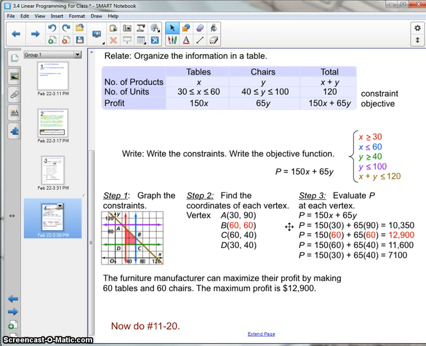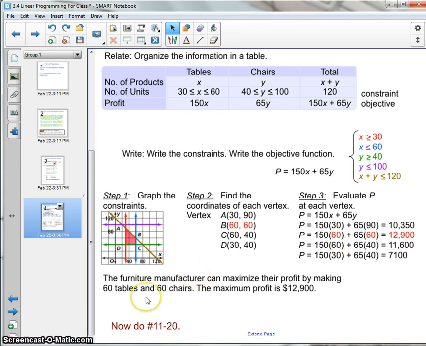So we plug in (30, 90), we get 10,350. When we plug in the point (60, 60), we get 12,900. When we plug in the point (60, 40), we get 11,600. And when we plug in the point (30, 40), we get 7,100. So we can see here in the red that our largest amount was 12,900. And that's going to be our largest or maximum profit that we can get.